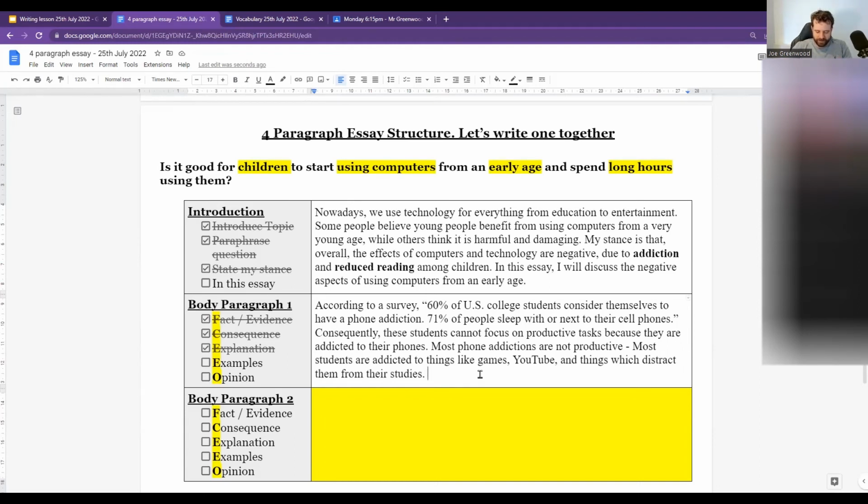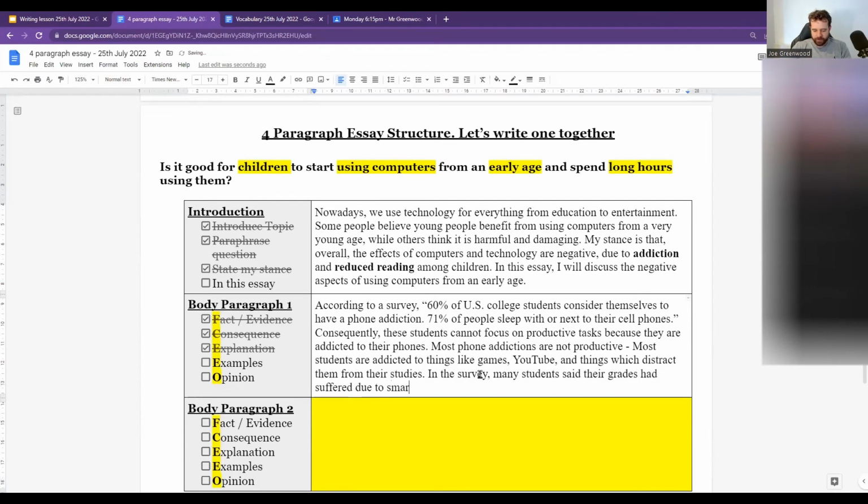Horrible, terrifying. Good. So many students. Okay, I'm going to say in the survey, instead of saying it's your friend, because it sounds more professional, many students said their grades had suffered due to smartphone addiction, as well as getting less sleep.